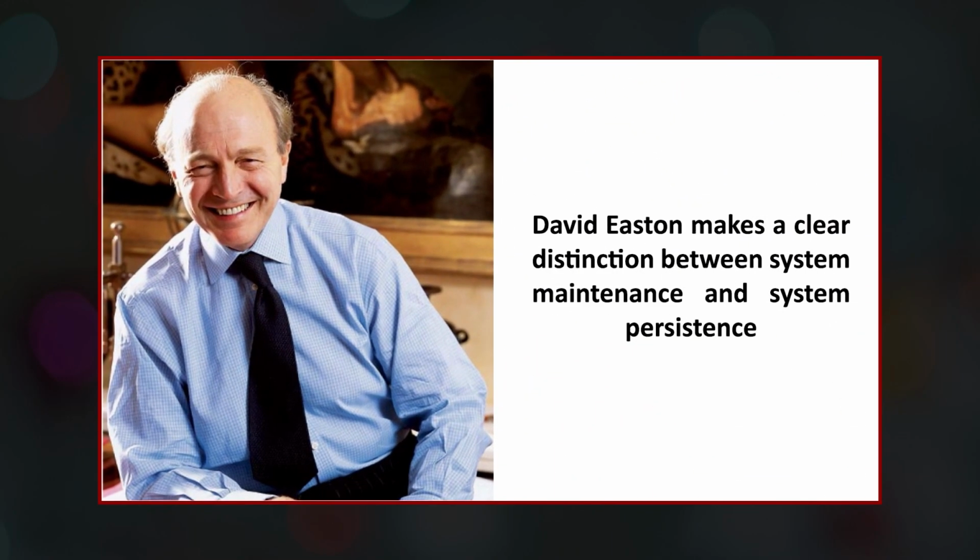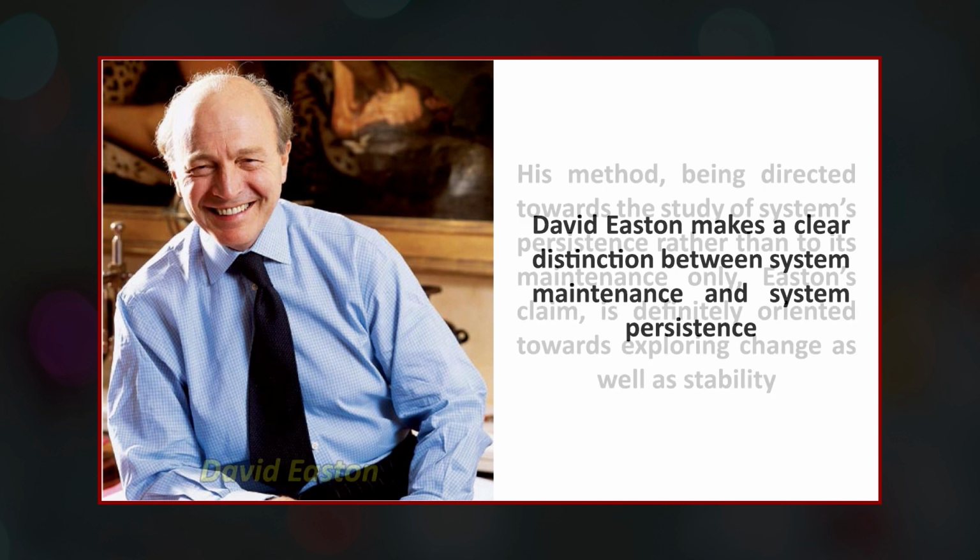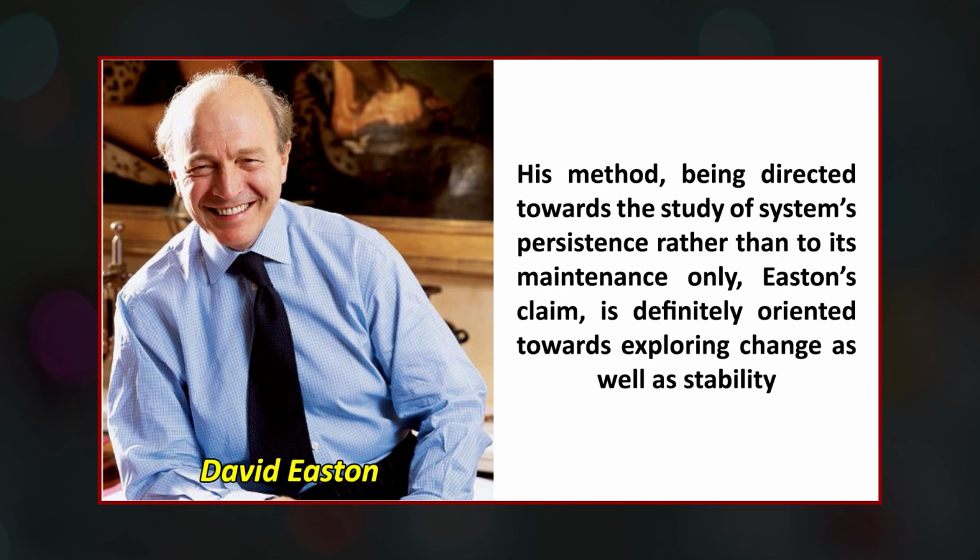Easton makes a clear distinction between system maintenance and system persistence. His method being directed towards the study of system persistence rather than its maintenance only, Easton's claim is definitely oriented towards exploring change as well as stability.